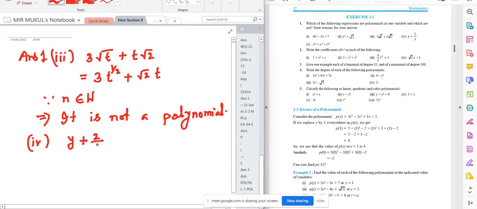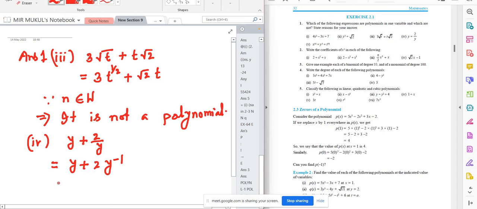Plus 2 by y. So here in the second term we can observe y is given in the denominator. So bring it in the numerator using the log exponent, so it is y to the power minus 1.